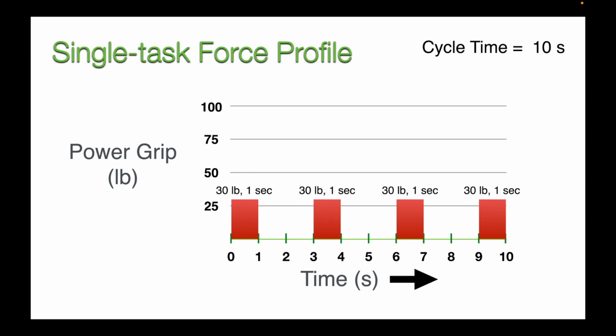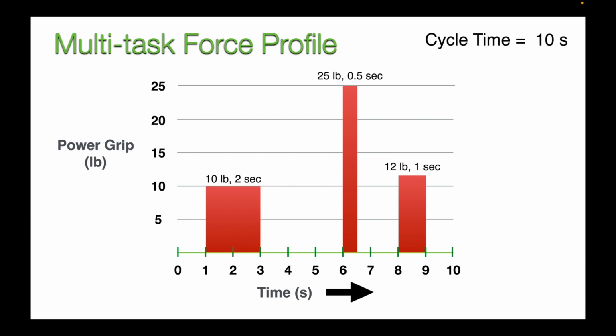They were really designed for a single task profile with the level of the different risk factors for force, posture, and duration. They typically accept one level of input to the model, so it expects to see the same thing every time, something similar to this.